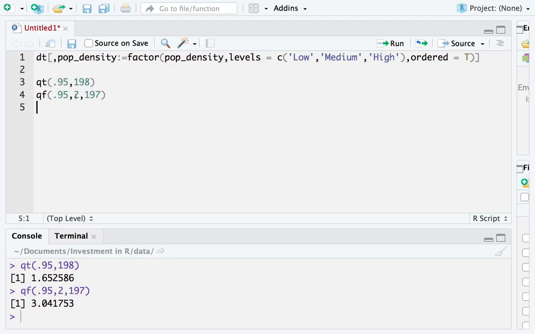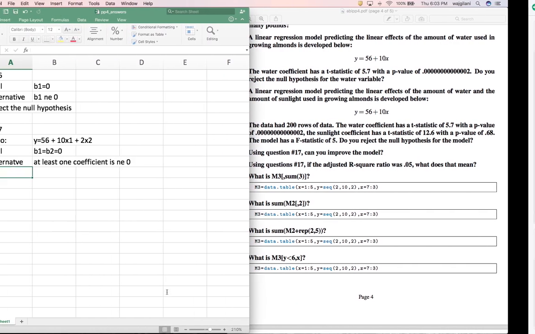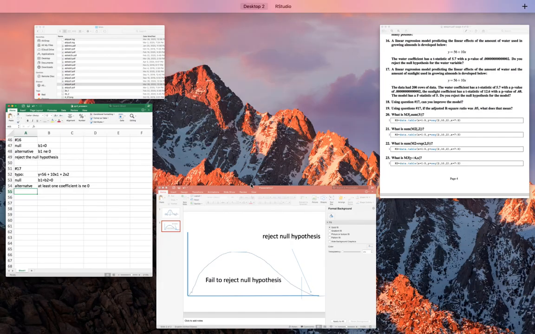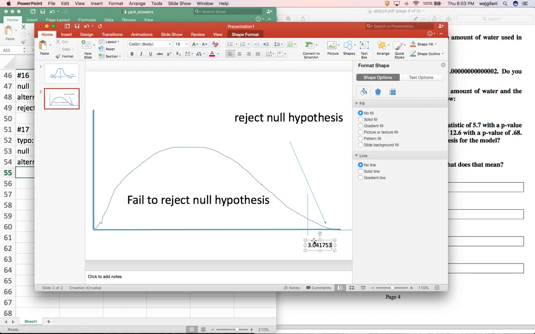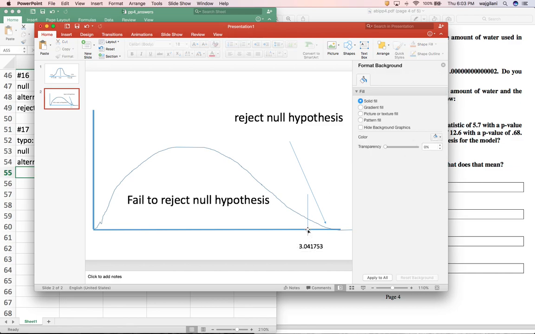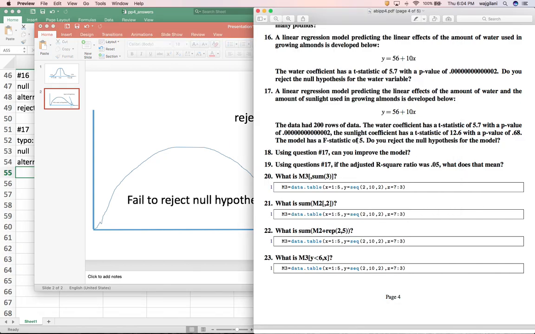I type this in. What's my f critical region here, guys? It's 3.04. Copy this. Place that value right here. And now we go back to our f value. That is the f critical region. That f score separates the fail to reject null hypothesis region from the reject null hypothesis region. And what is my f statistic?